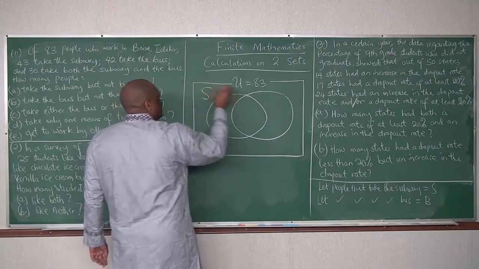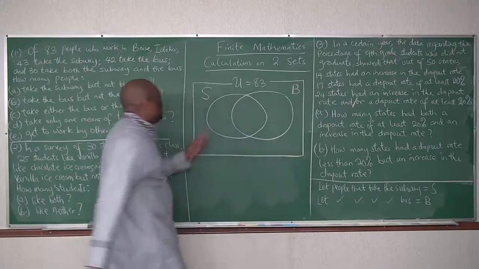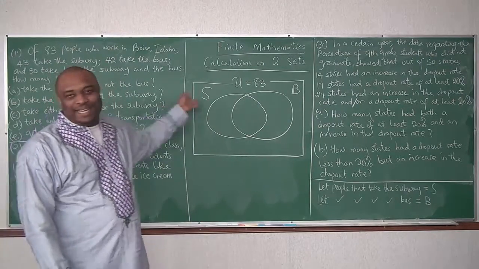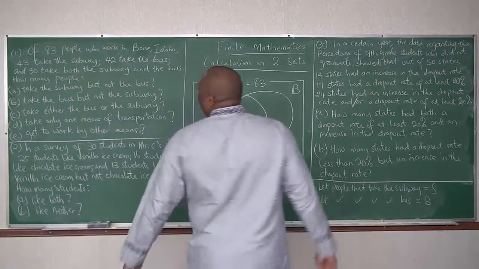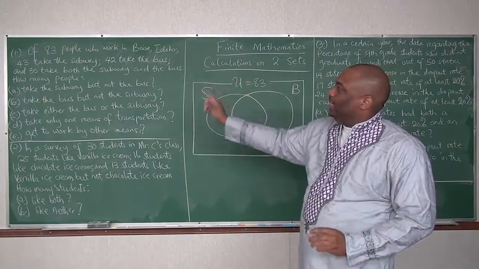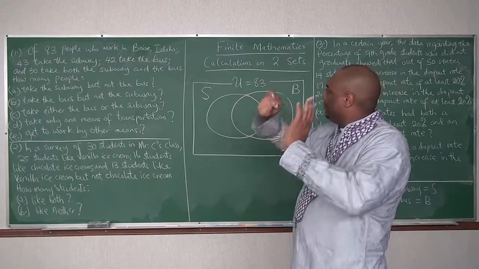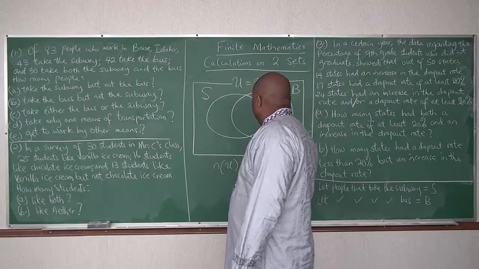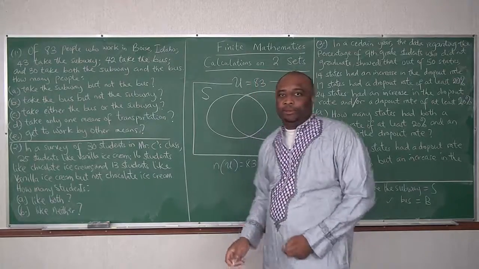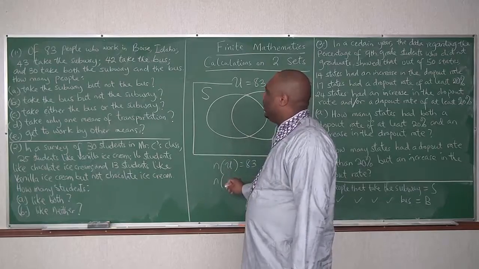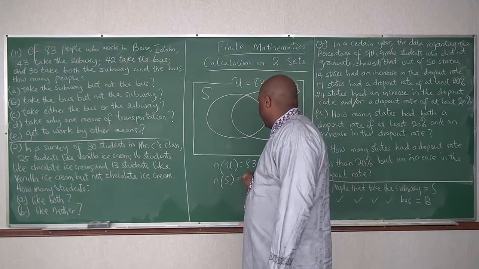So we have two sets. We have S and we have B. Please don't mistake this as 5. It is S. Now the cardinality of the universal set, we have 83 people, right? The cardinality of subway, 43.